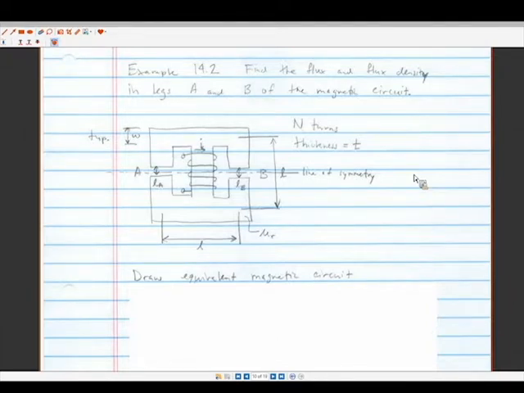Okay. So if we look at this circuit here, we're going to have a magnetic field generated by this coil with current running through. It's going to create a north and a south side of this electromagnet here. All right, so then the magnetic flux is going to travel through this ferrous structure in this direction.